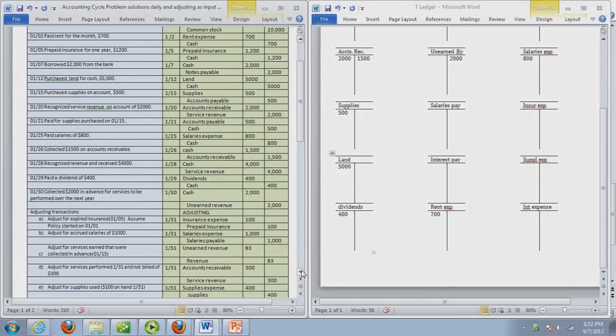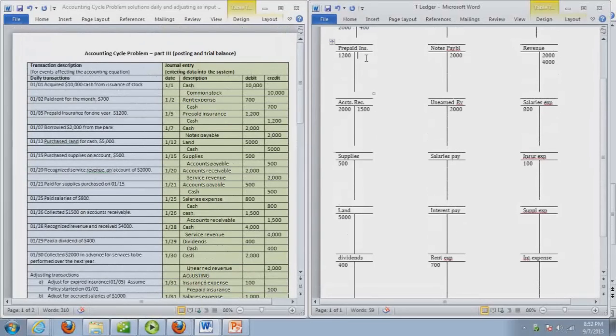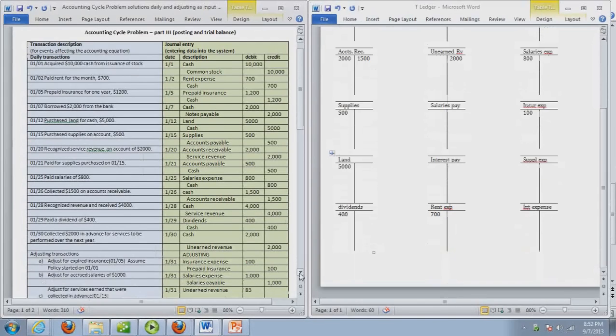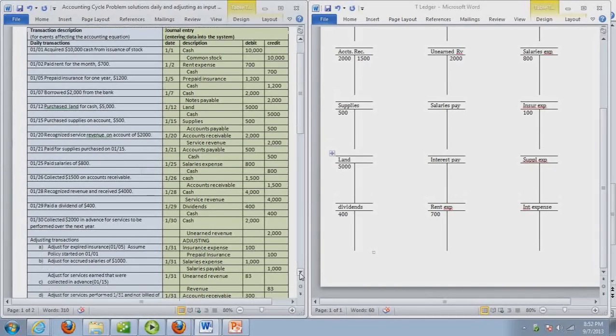So insurance expense and prepaid insurance for $100. Insurance expense is over here, and prepaid insurance was closer to the top. So we've got a credit for the insurance used. A lot of your expenses are sometimes recorded in the ledgers when you do the adjustments.